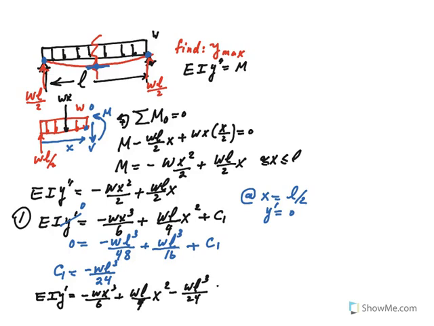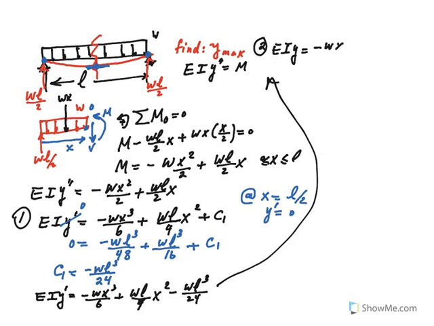Let's go ahead and integrate one more time. Let me move up here, guys. Sorry. And the second integration will give me EIy equals minus Wx⁴/24 plus WLx³/12 minus WL³/24 x plus another constant C2.